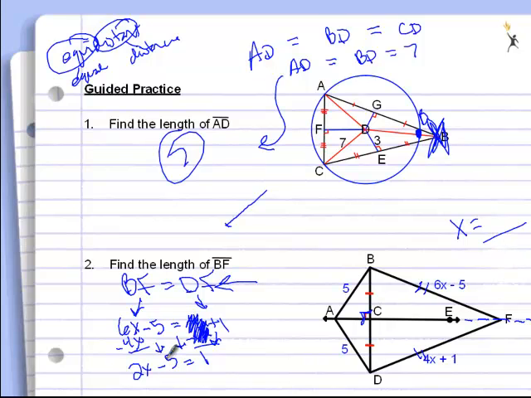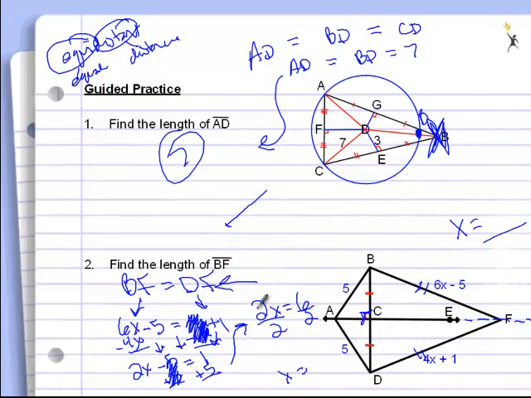Now I need to move this negative 5. The way you move a negative 5 is by adding. When we do that, we get 2x by itself. 1 plus 5 is 6. So now I have an easy, simple, one-step problem to solve. 2 times x equals 6. I need to find out what x equals, so I'm going to divide both sides by 2.